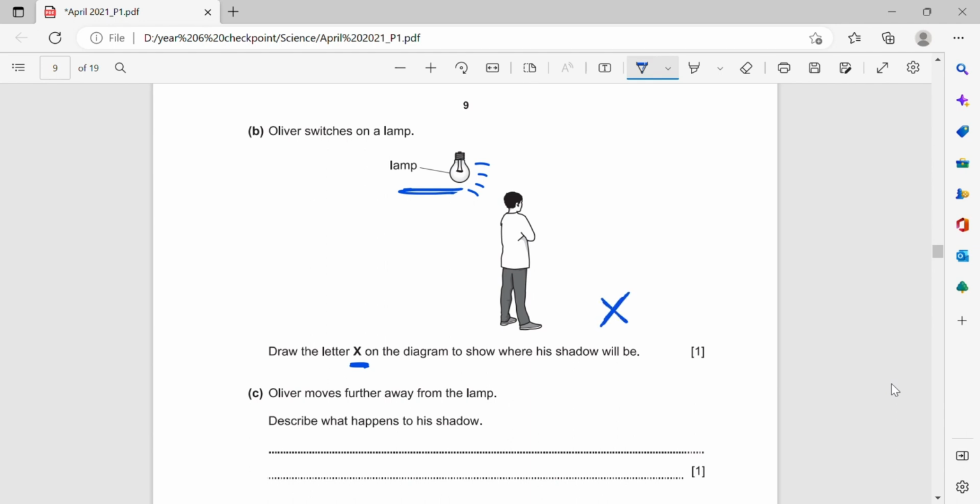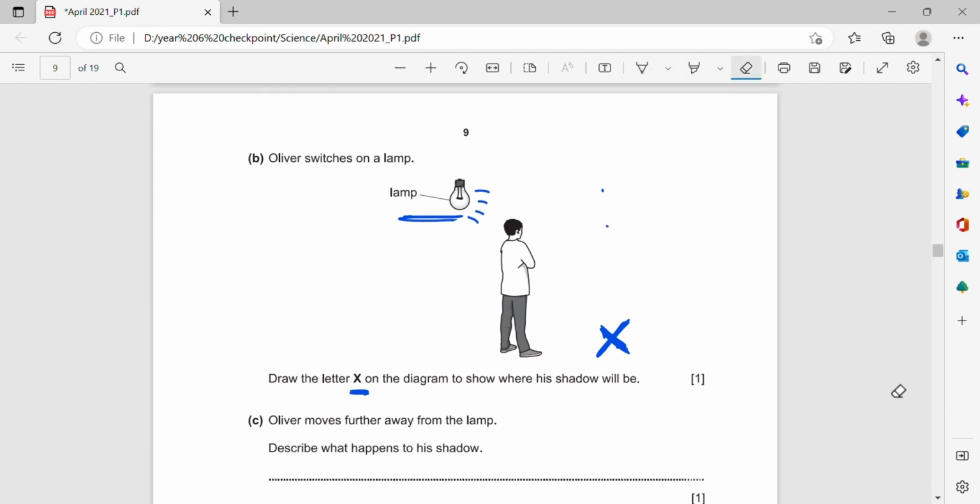Great, it will be here at point X. It's very important that the letter X is on the right of Oliver, not on the left. If someone draws it on the left, it's considered wrong. And it should be below his head height. It cannot be here. It should be below his head height. Okay?